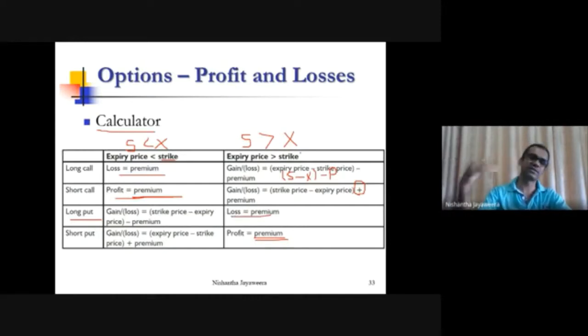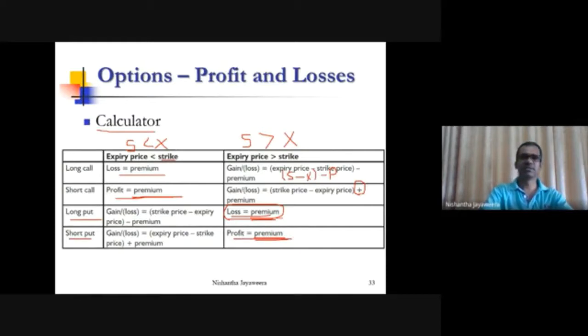That means you can sell at the market price instead of the agreed price, so you don't exercise your right. You let the put option expire, but you lose the premium. When you lose the premium as a long party, the short party makes it as a profit.